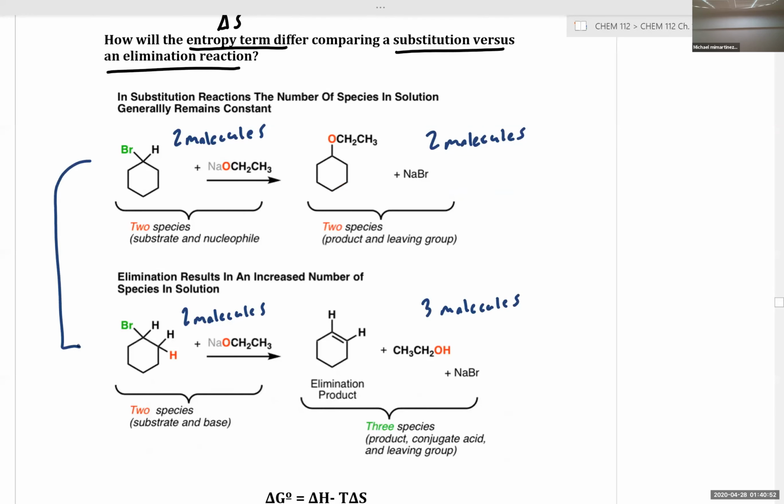So if we compare substitution or elimination, which reaction is favored via entropy? Which reaction is producing more molecules? Exactly right, elimination. Yeah, so elimination is favored via entropy. Okay, so the delta S is greater than 0.